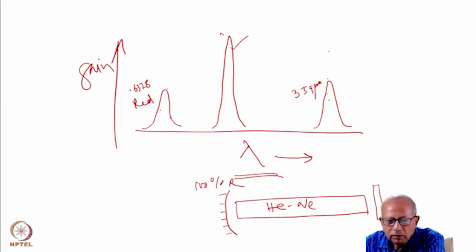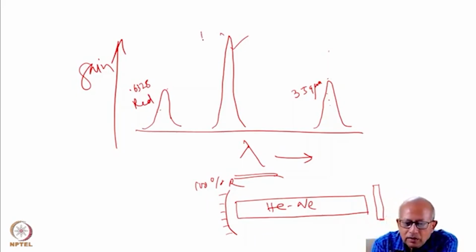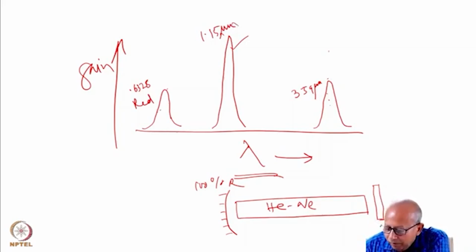Suppose for the line which has the highest gain, that is the 1.15 micron transition, this mirror offers 10% reflection at 1.15 micron. And suppose for the transition at 3.59 micron, it offers a reflectivity of say 40%.